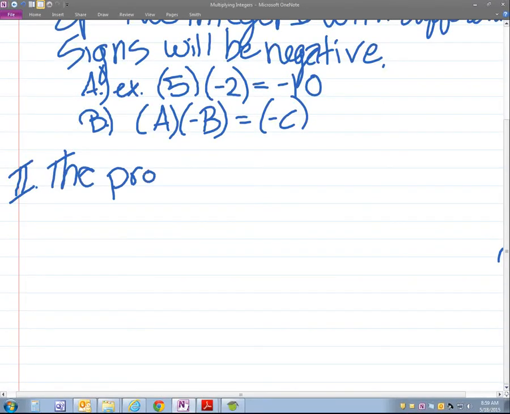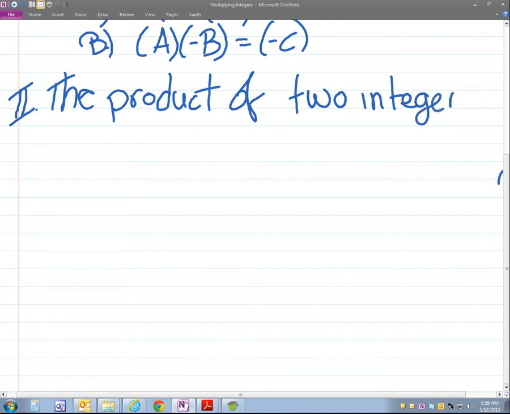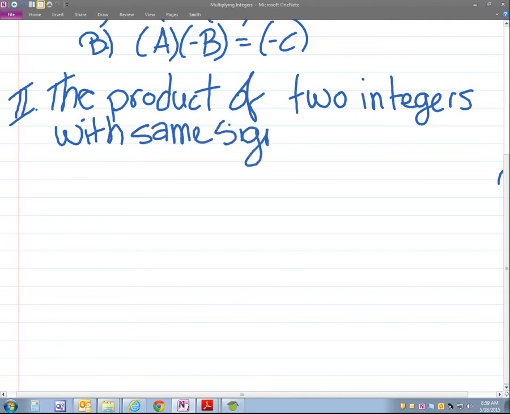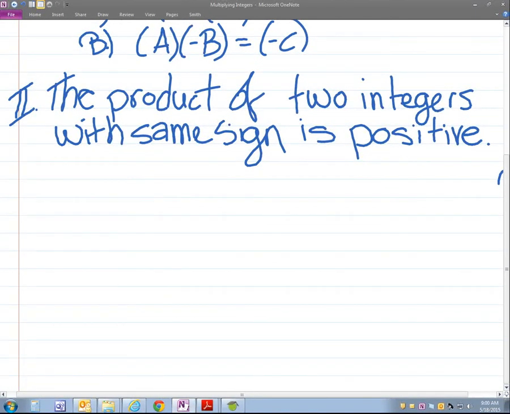The product of two integers with the same sign is positive. The product of two integers with the same sign is positive.